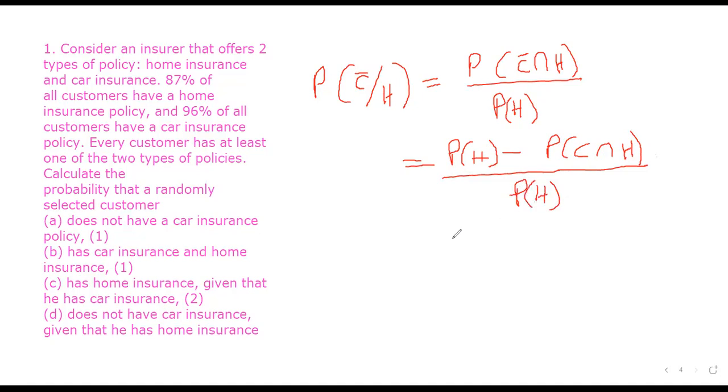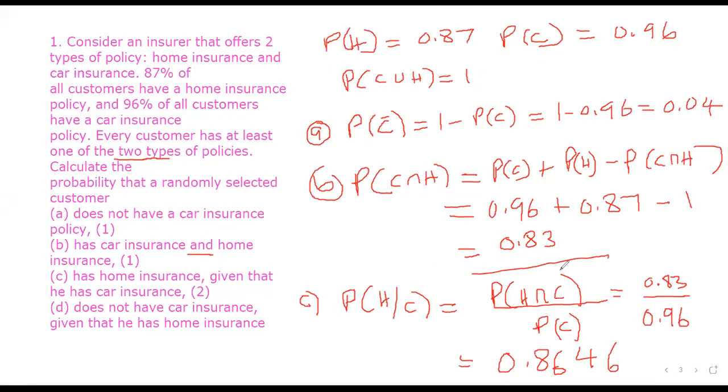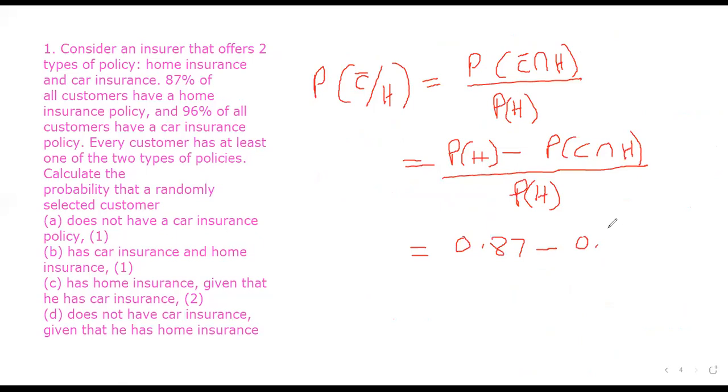So the probability of H was 0.87, and the intersection we just found as 0.83. So H was 0.87, intersection 0.83, over the probability of H, which is 0.87.